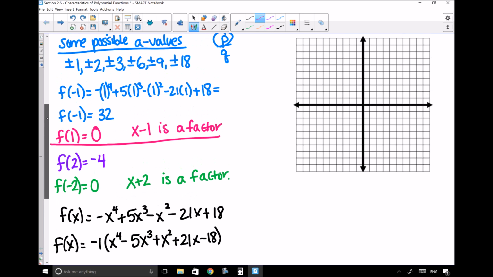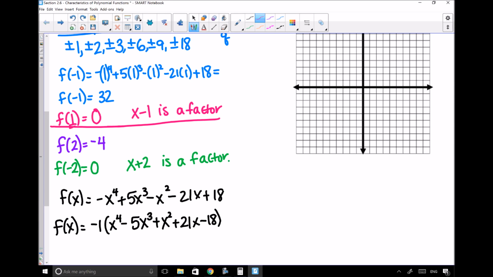So my first a value that we got here was 1. So let's go ahead and do our synthetic division of 1. We're going to use our coefficients inside of our brackets here. So we've got 1, -5, 1, 21, and -18, and I'm going to use 1 in my synthetic division.